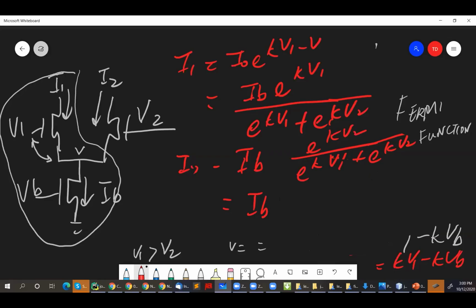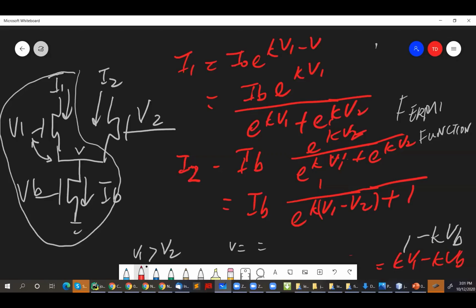Okay, so I can divide top and bottom by E kappa V2, so that's 1 over E kappa V1. So you can make it much neater by dividing top and bottom.